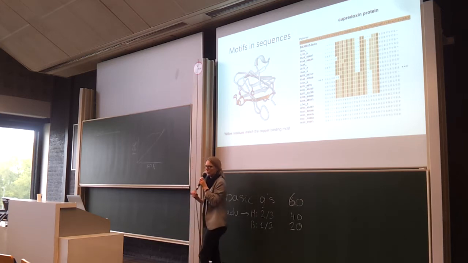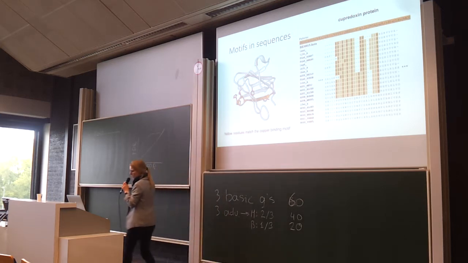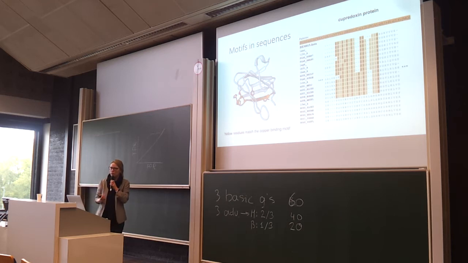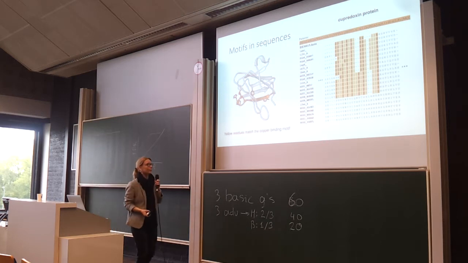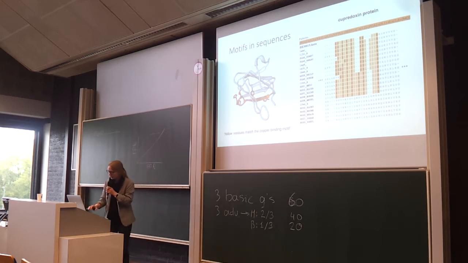So it's actually not completely optimal. Now this is actually a difficult problem. Of course it is important that you want these residues on top of each other, because typically you want to know if the function of copper binding is still there in your protein. So you want to see if that aligns with the other sequences. But this is not always possible.